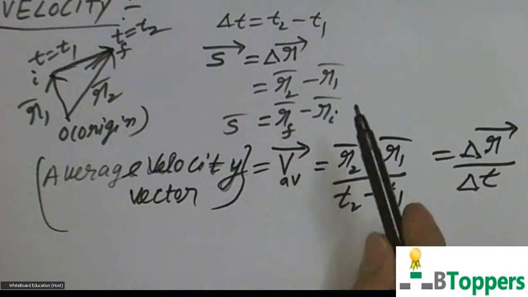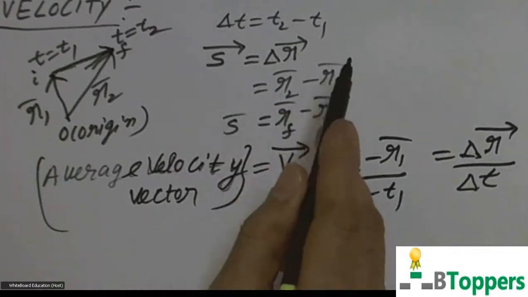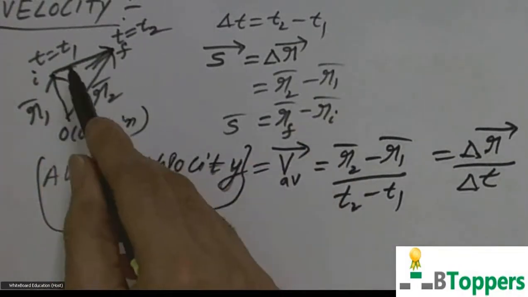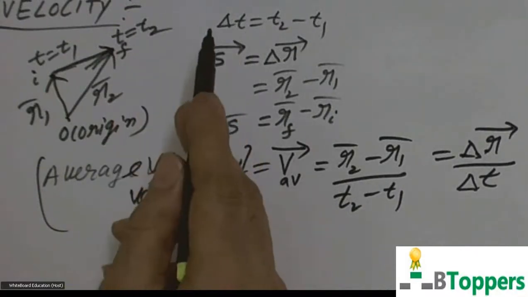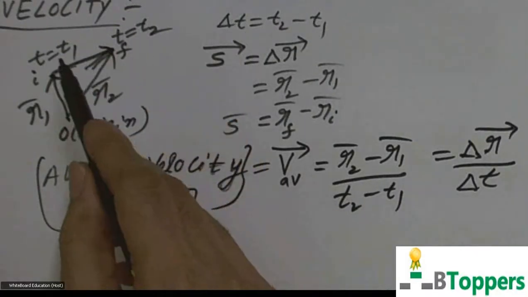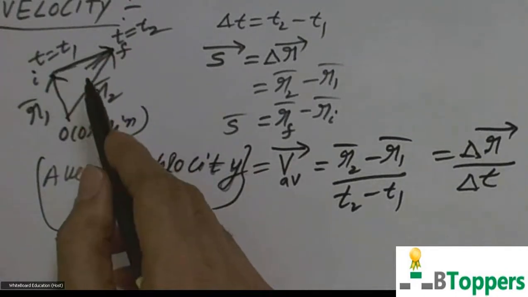So if the time interval delta t is very small, then this average velocity vector for the time interval delta t approaches the velocity at the instant of time t equal to t1.